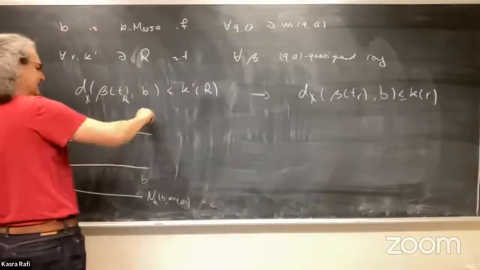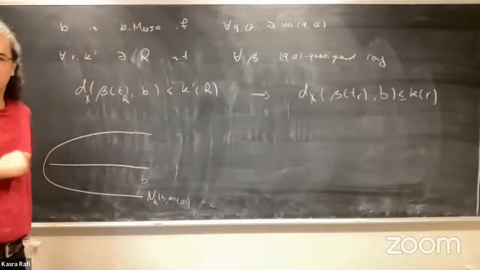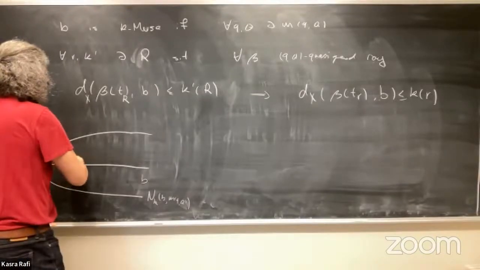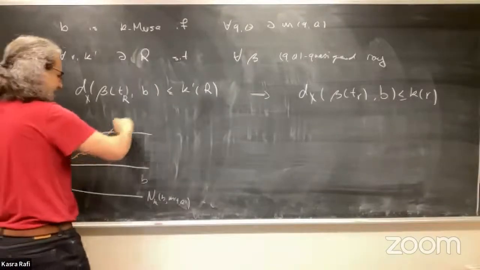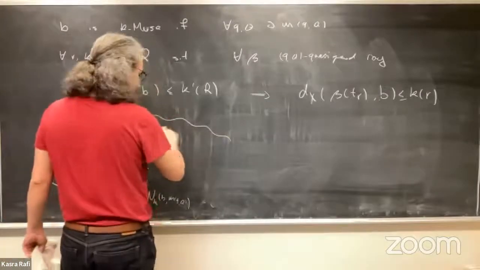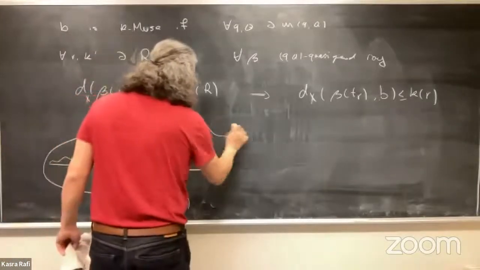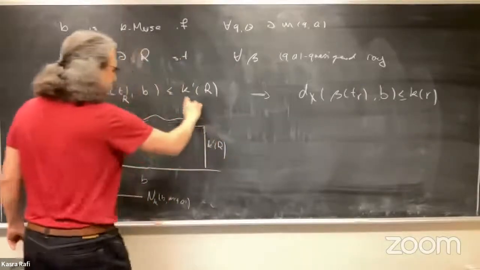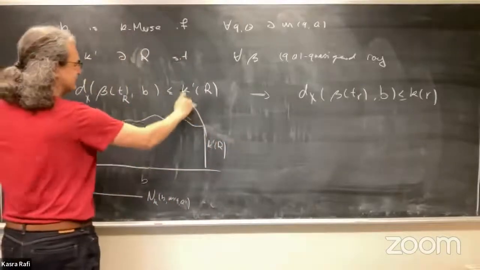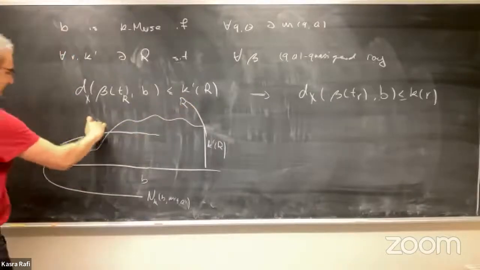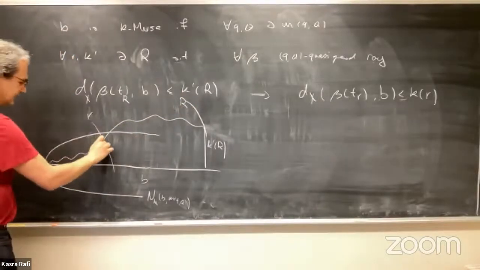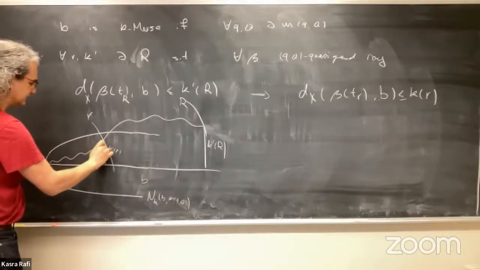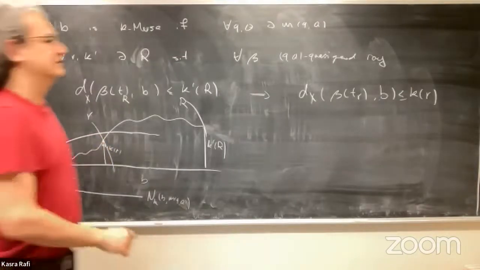The moment you leave this, you have to go away linearly fast, right? But I have to write this down somehow. So I want to say that if somebody that much further on happens to be kappa prime of r close, at a distance r away, then at the distance little r away, it's actually kappa of r close, times M.